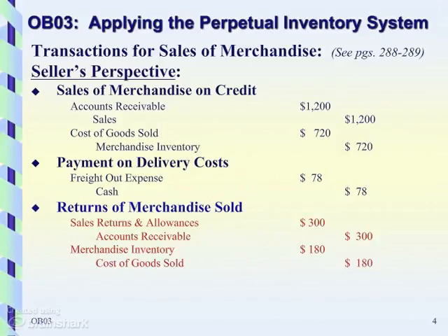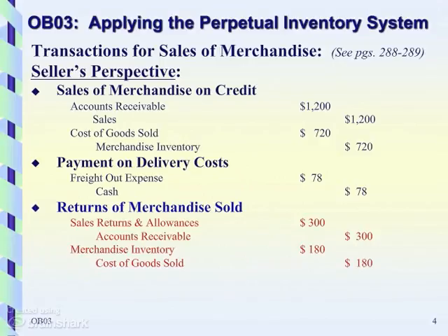So, in looking at the transaction entries, we're going to debit sales returns and allowances for the amount of the return, and we're going to credit our accounts receivable because our buyer no longer owes us that amount associated with that return. We're also going to do a debit back to our merchandise inventory to reflect that that item is going back into inventory. And we're going to reflect a reduction in our cost of goods sold because that item is no longer considered to be sold.